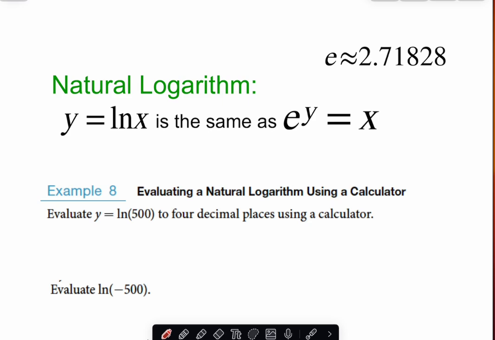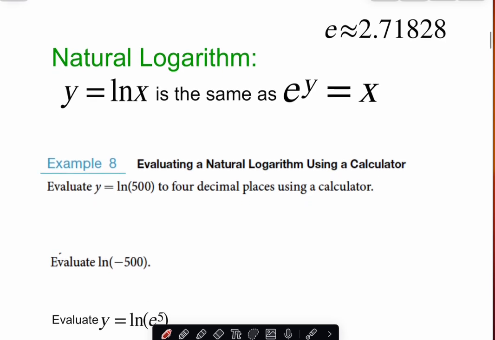So if they say to evaluate the natural log of 500, this time you would hit that LN button. Remember, a natural log is really the same as a log base e. So that's just a shortcut way of writing the log base e, is to write ln.